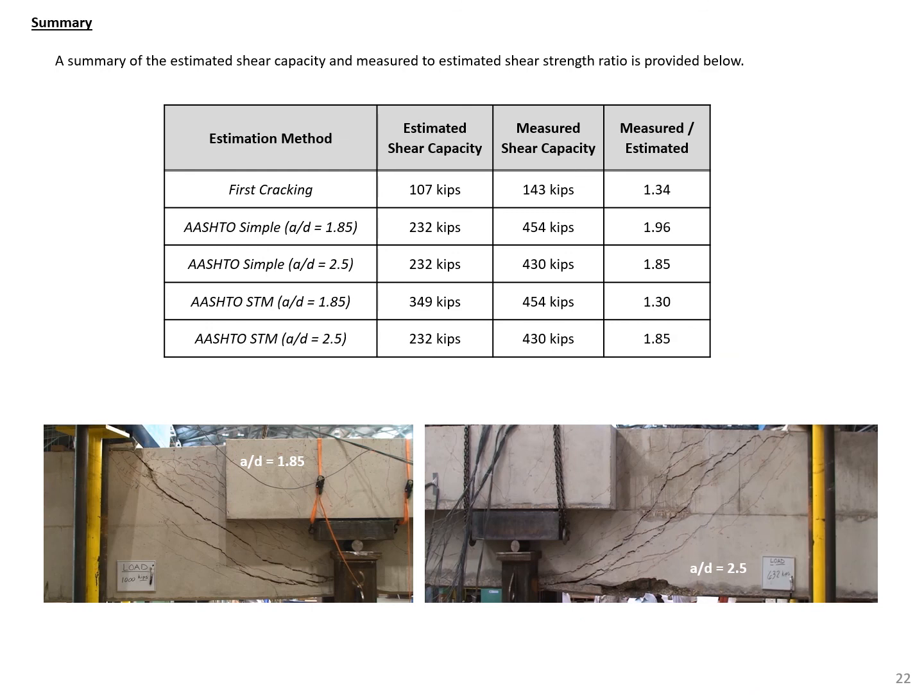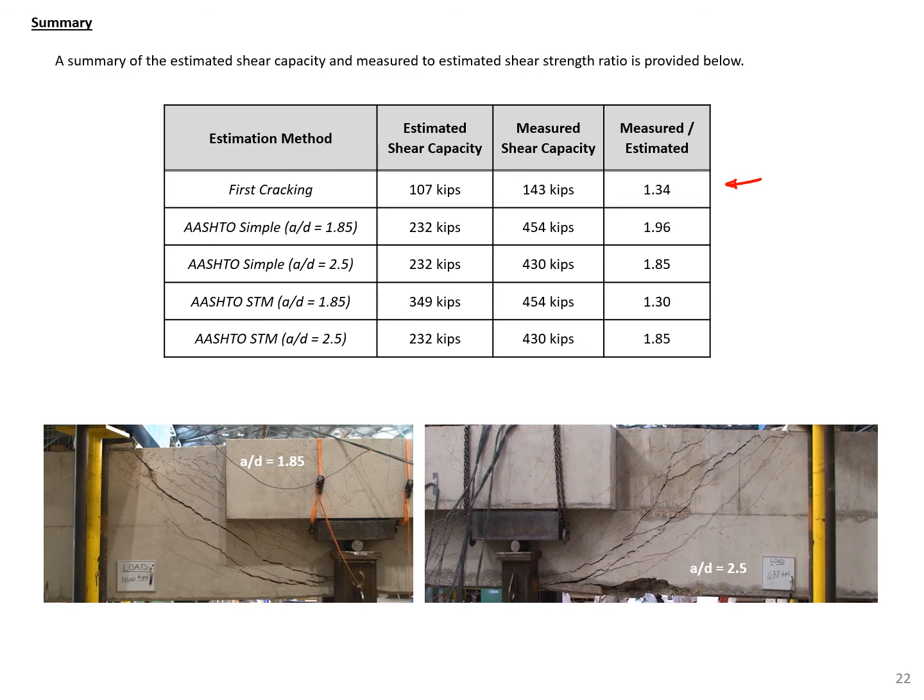A summary of the estimated shear capacity versus the measured shear capacities is shown on this slide. So first you can see that using the VC component to estimate the first cracking load does a reasonable job. So the actual load required to cause cracking was about 34% higher than what was estimated by using just VC.